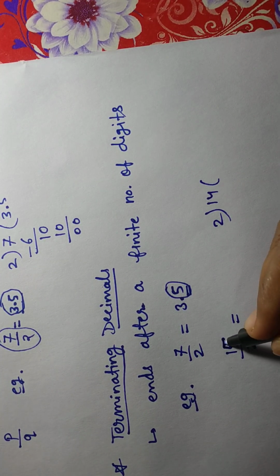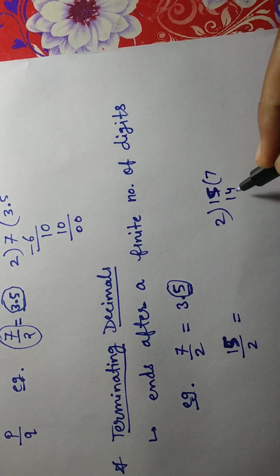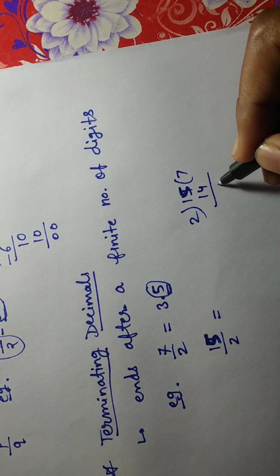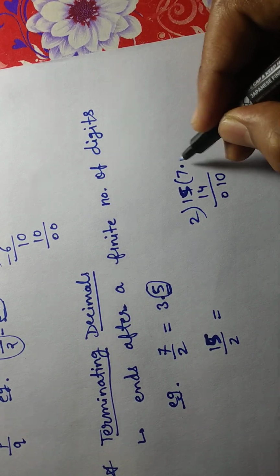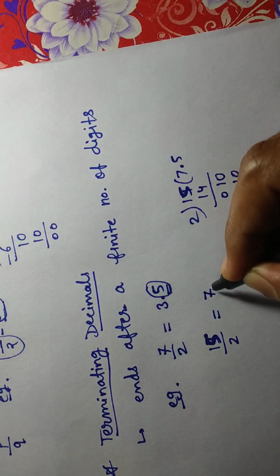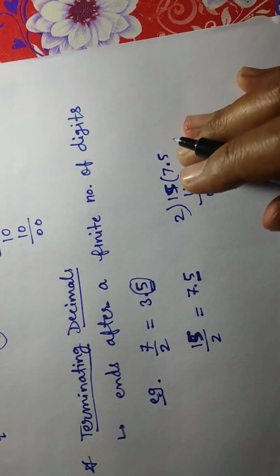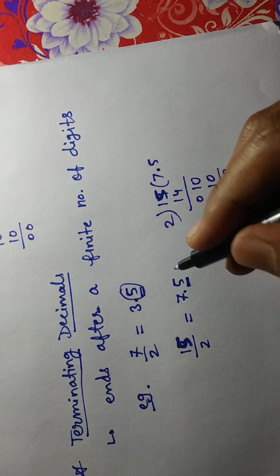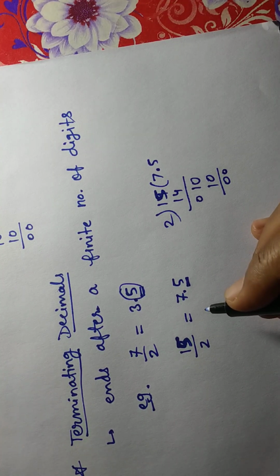Let's take 15 here, right? So 15. So 2 7s are 14. Here again this 1 is remaining. So point here 10, and it is also 2 5s are 10, which is 0, 0. Now it can be written as 7.5. Now the decimal expansion is terminated after this digit 5. There cannot be more digits, right? So this is called terminating decimals.